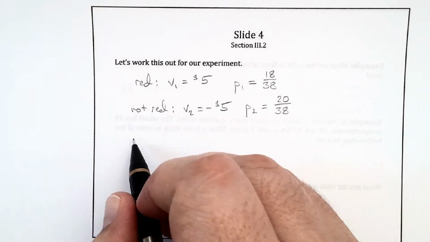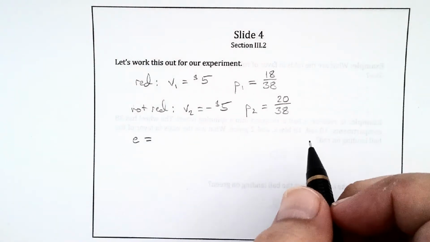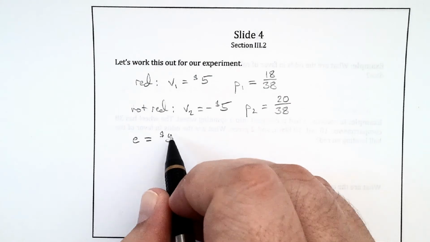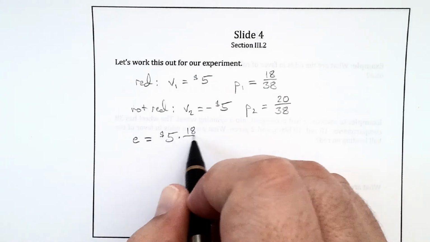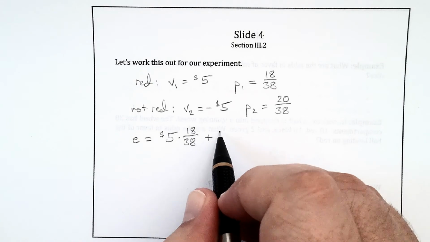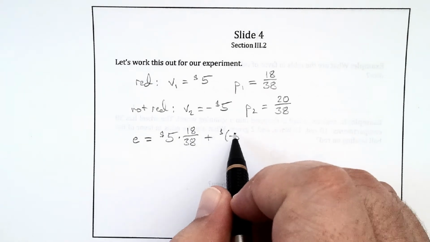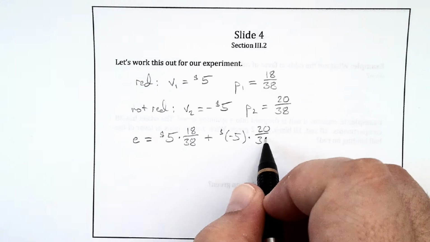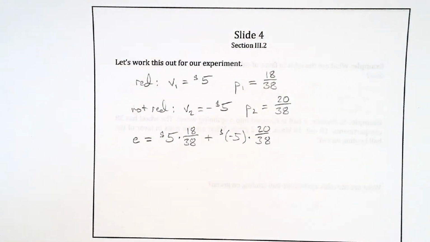So the expected value is $5 times 18 out of 38 plus -$5 times 20 out of 38. So let's work that out.